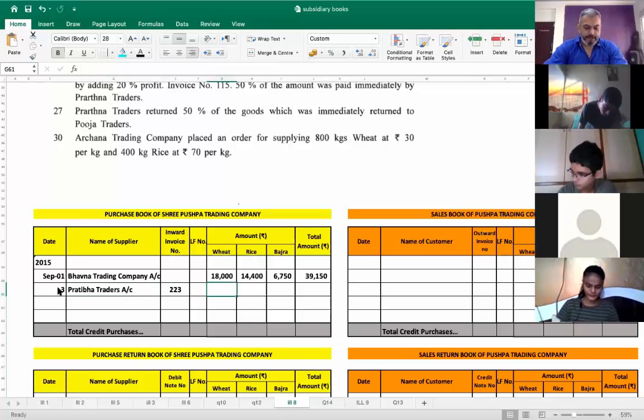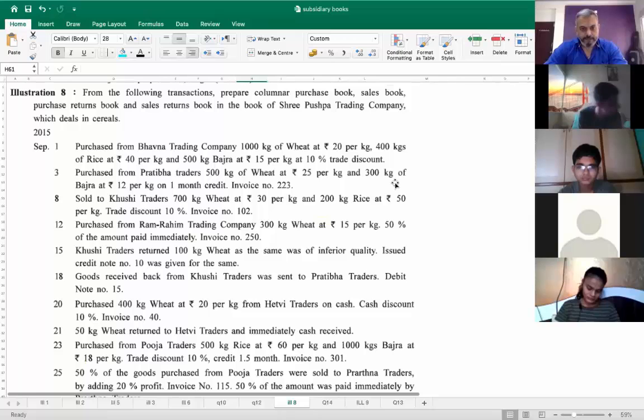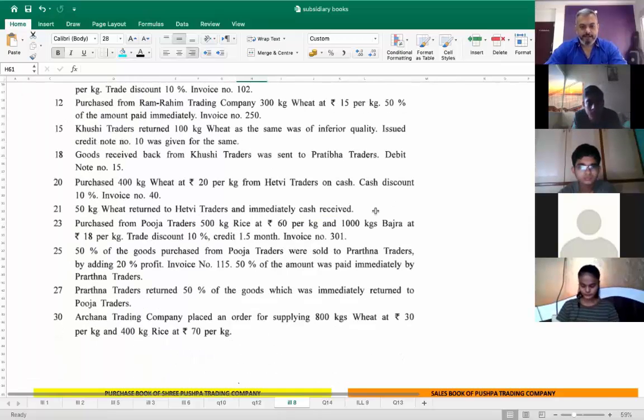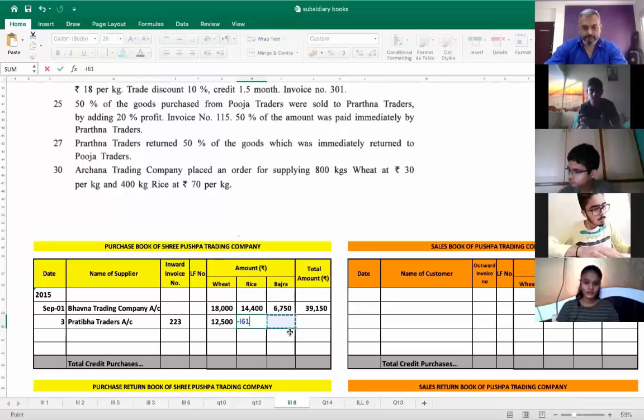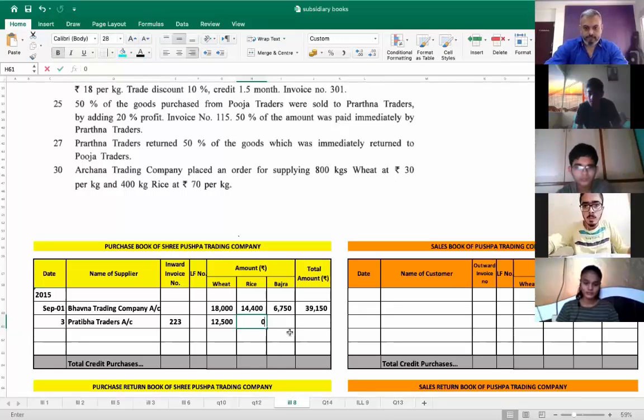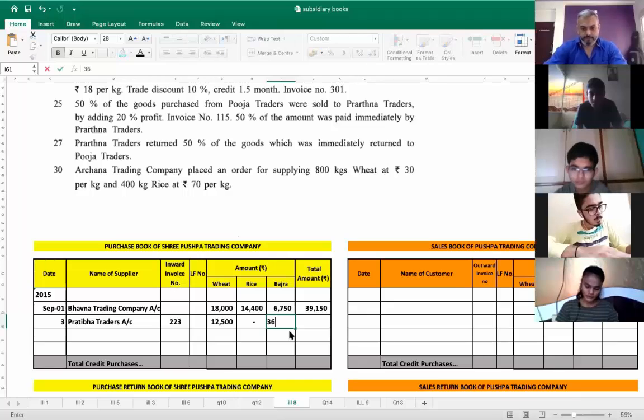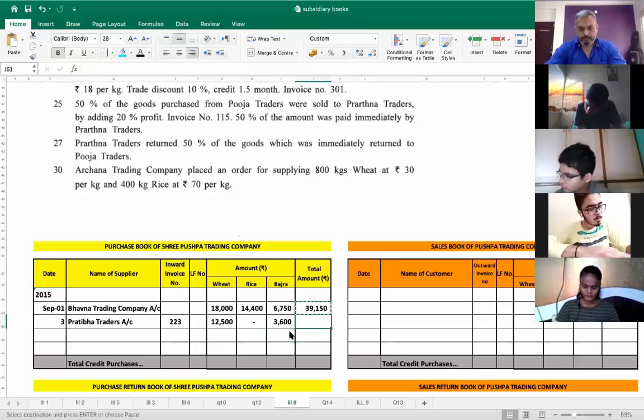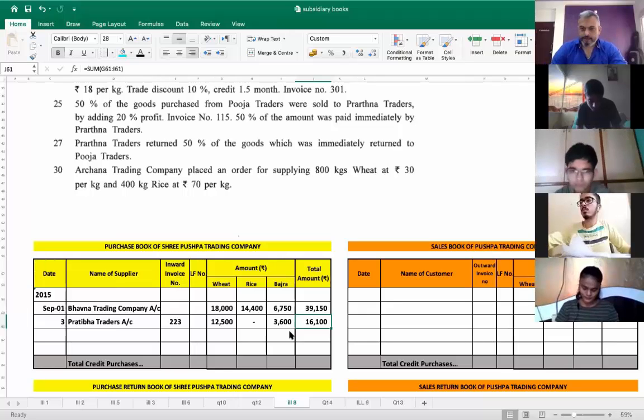Now what are we buying? Wheat at 25 per kg, 500 kg. So 25 into 500, 12,500. No trade discount, so directly 12,500. Rice, nothing, dash. And 300 kg bajra at 12, so 3,600. Total 16,100.